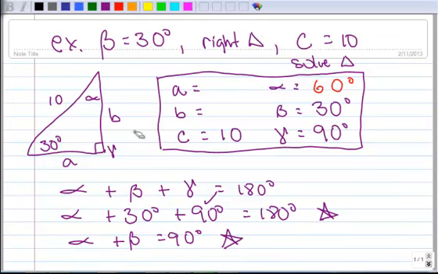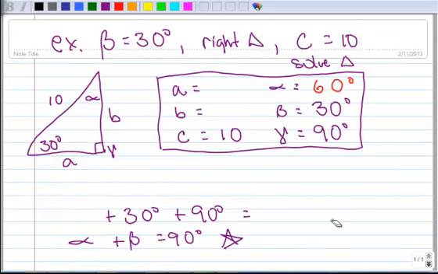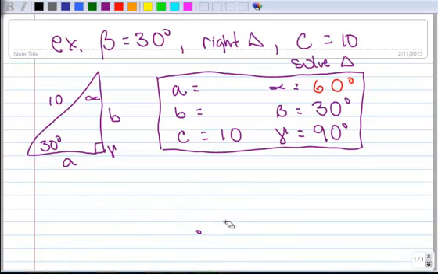Alright, so I need a little bit of room here. Let me erase all this stuff. Now I know my angles, and so now I can figure out the other two sides. It actually doesn't matter which one you start with. Let's start with cosine. So cosine of beta is equal to the adjacent side over the hypotenuse.